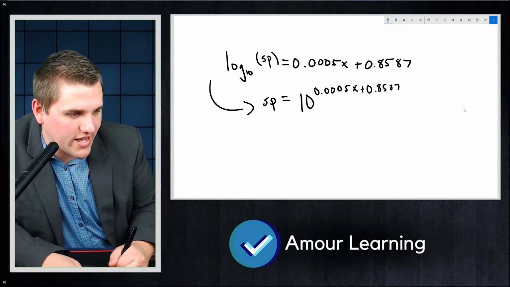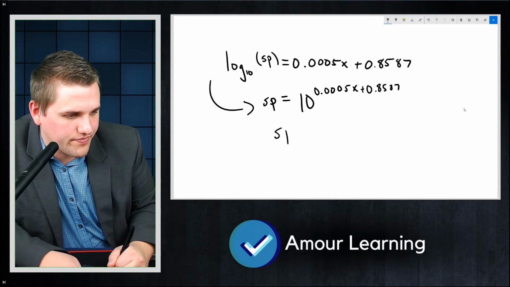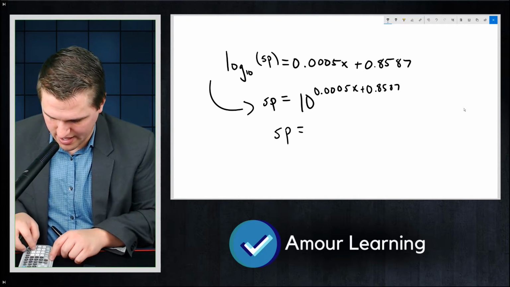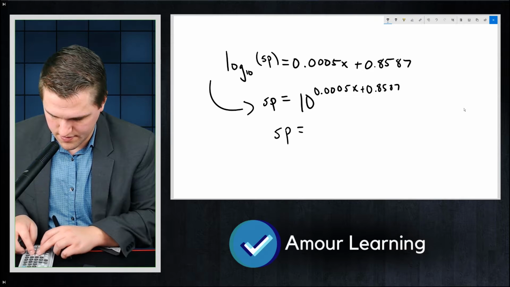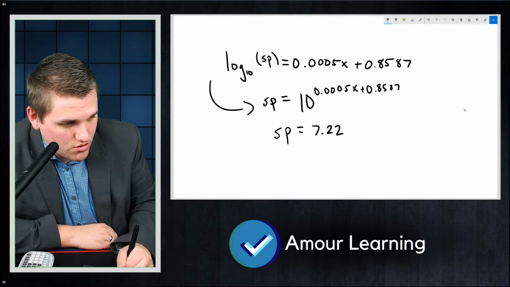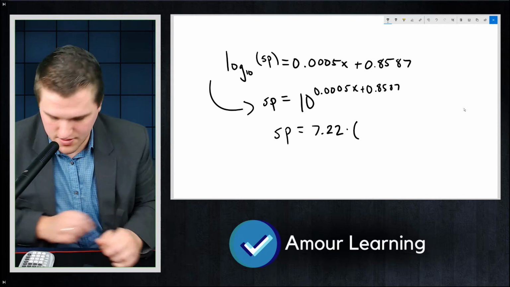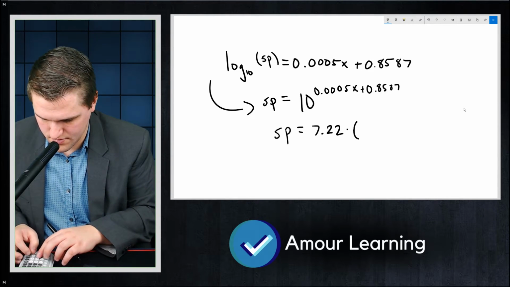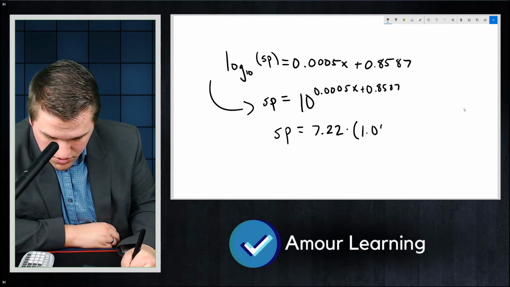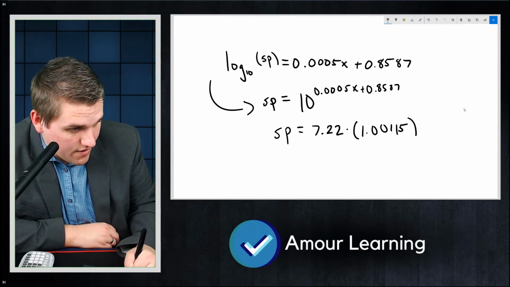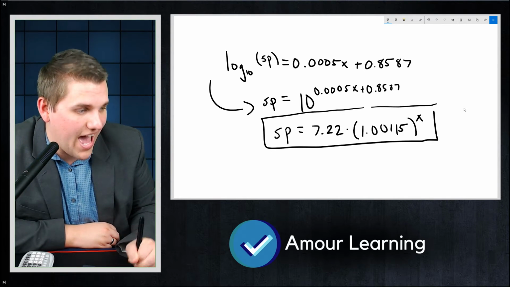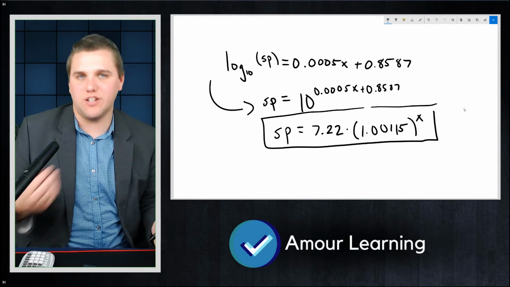I can actually write this as 7.22 times 1.00115 to the x power. So that would be my exponential regression model written in a different way.